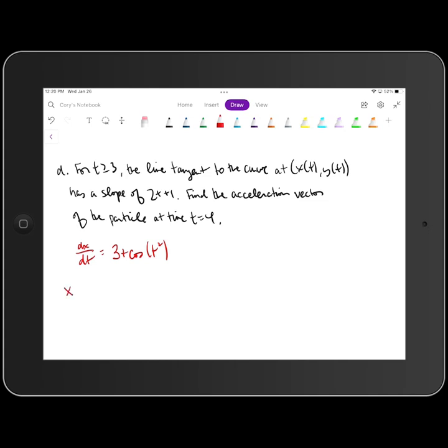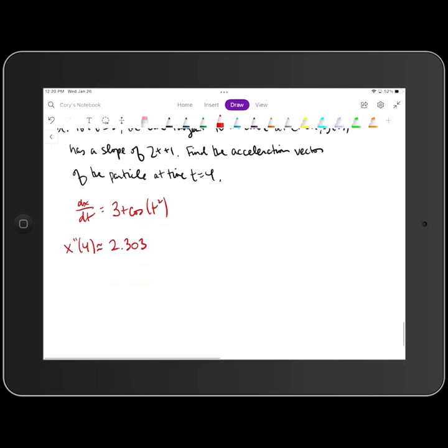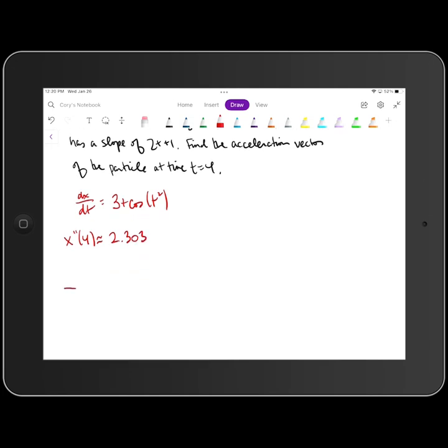You should have got x double prime of 4 to be approximately 2.303. So if we're trying to find the acceleration vector at 4, the first component of that acceleration vector is 2.303. That is the horizontal component of acceleration.